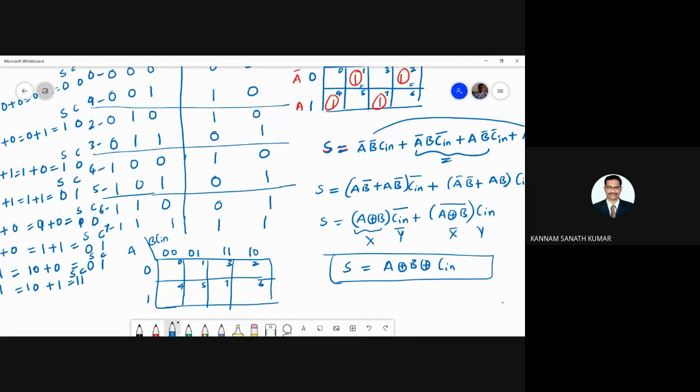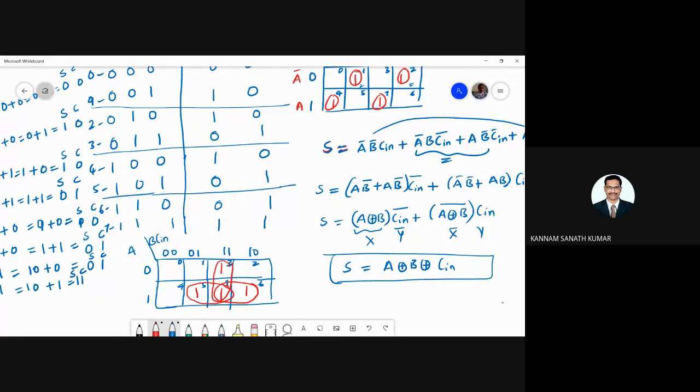Okay. So wherever 1 is there, you should write. Here in 3, 1 is there, and 5, 1 is there, 6, 1 is there, and 7, 1 is there. Okay. So this makes one pair, and this makes one pair, and this makes one pair.